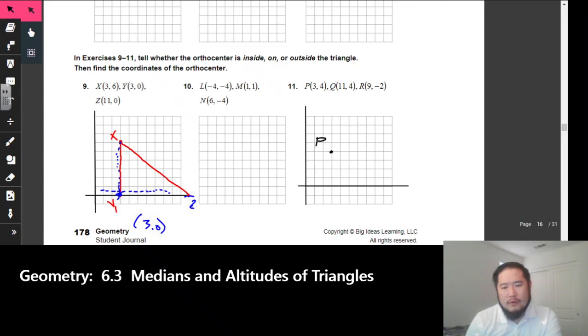We have 11, 4. And then we have 9, -2. And there's R.